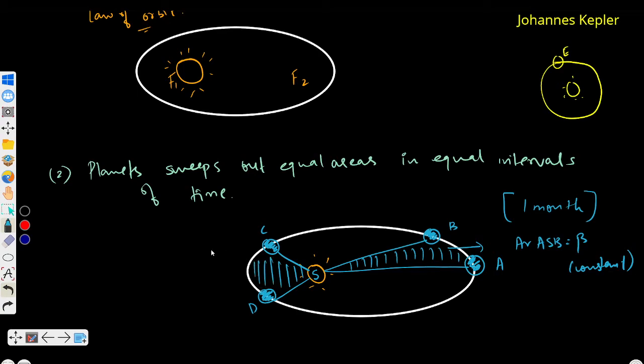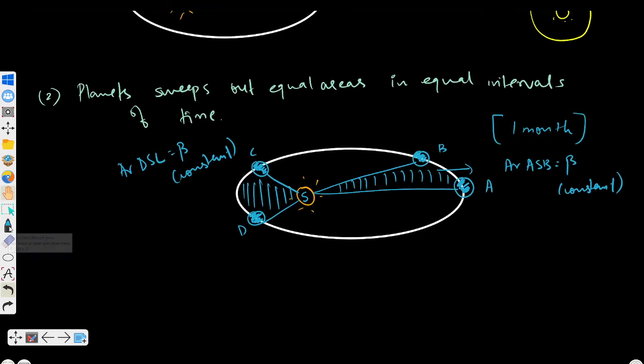If you measure the area DSC, it will again turn out to be beta, that is a constant. So, in equal intervals of time, the planet will sweep out equal areas. This is a very important observation made by Kepler.